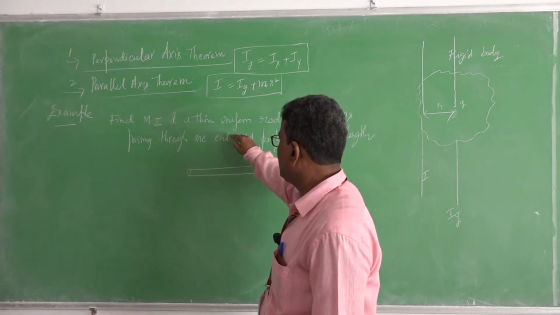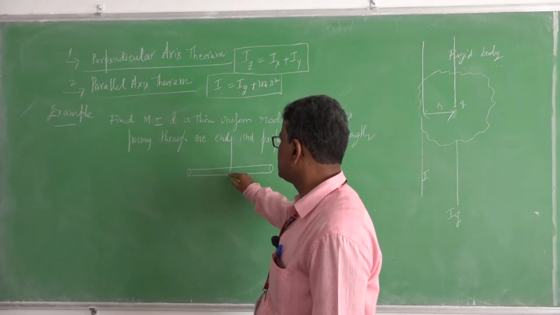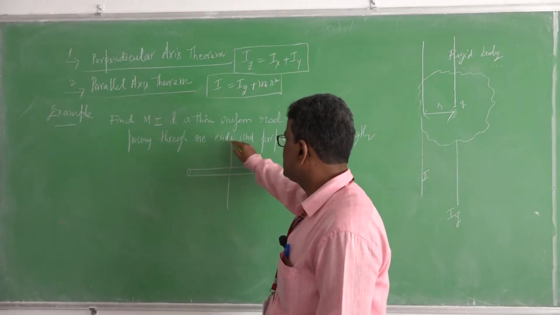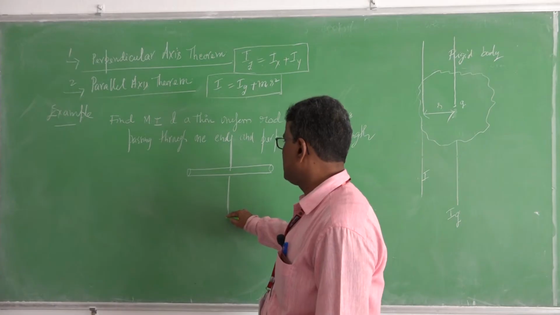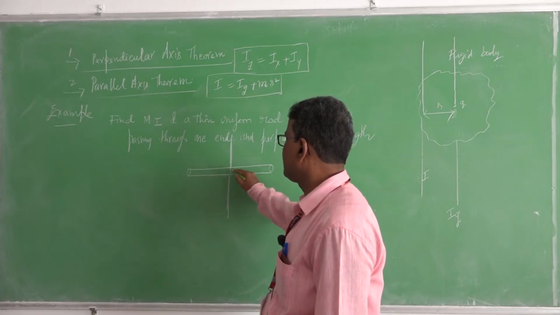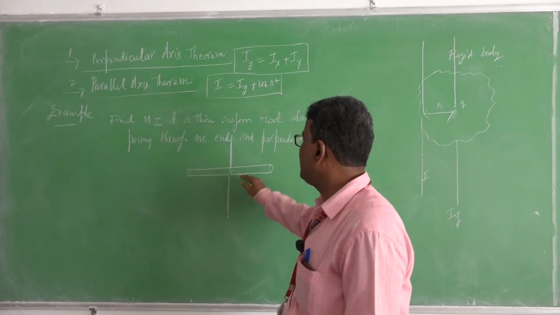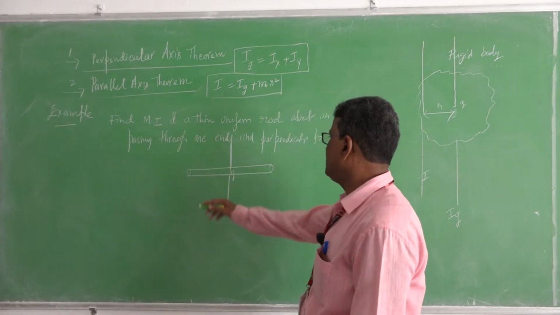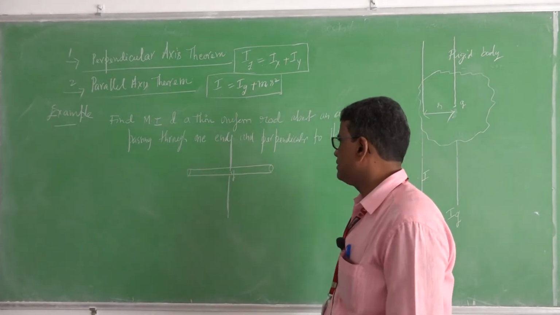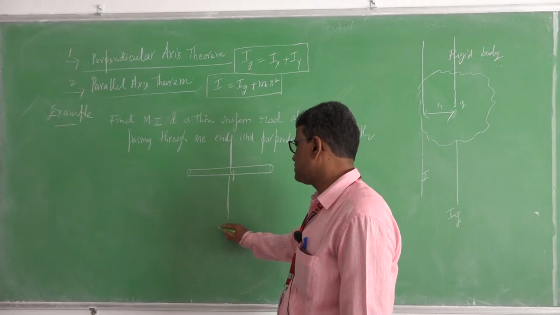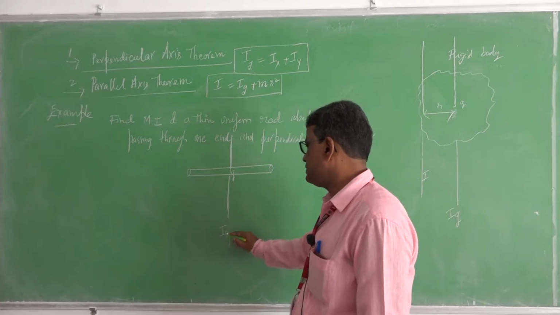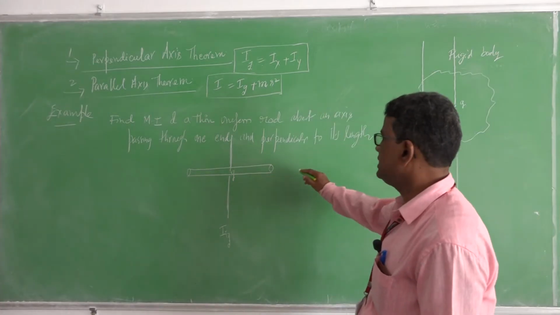We have the moment of inertia about this axis. What is this axis? Passing through the center of gravity and perpendicular to its length. Let it be Iz. So what is Iz?